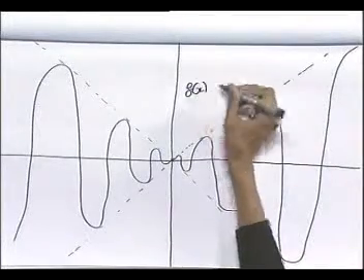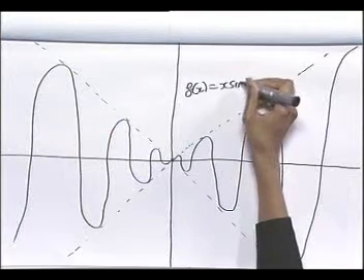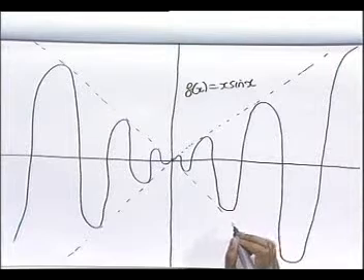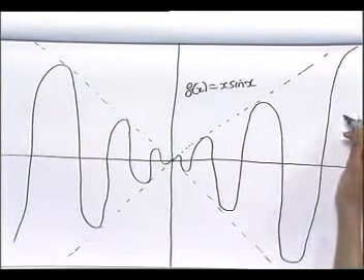Some functions don't have any limits at all as x tends to infinity. This is the graph f(x) equals x sin x. And as you can see, it certainly doesn't get closer to any real number as x tends to infinity.